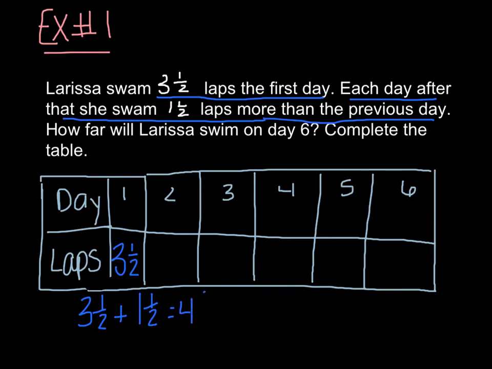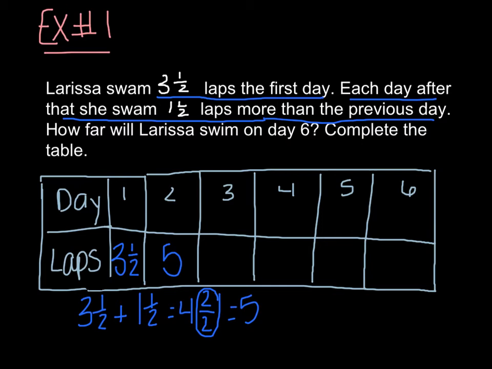Add your numerators, so that's 2. And the denominator stays the same, so that's 2. Remember we talked about if you have the same numerator and denominator, that equals 1 whole. So really, this equals 5. So day 2, she swam 5 laps.